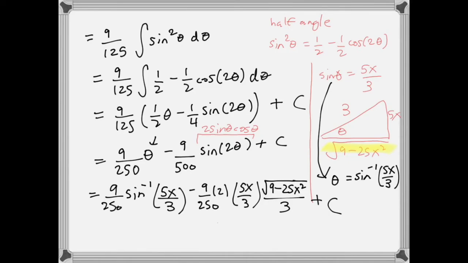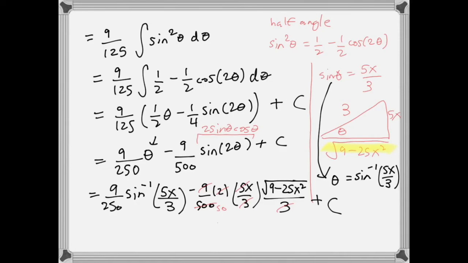We can actually simplify quite a bit here. Sorry, I realize now I wrote 9 over 250. I should have written 9 over 500, right? Okay, let's do some simplifying here. The 3's go away with that 9. And then the 5 and the 2, that gives you 10. And so 5 and the 2 cancel with this to give us a 50 on the bottom.